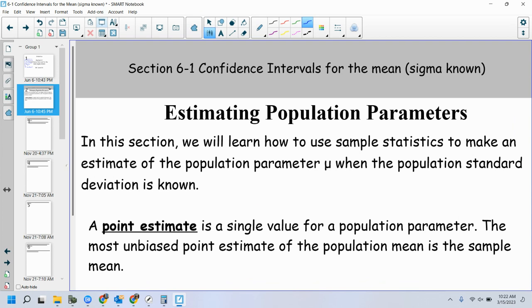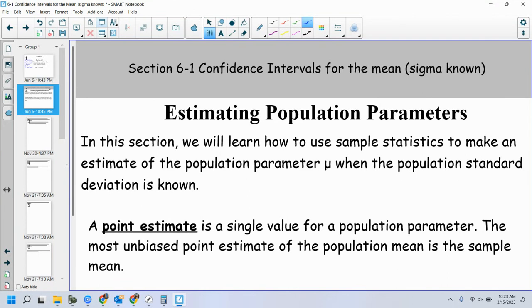In this section, we will learn how to use sample statistics to make an estimate for the population parameter mu when the population standard deviation is known. So this section deals with, okay, if I don't know the population mean, but I do know the population standard deviation, which is kind of really weird. Like, how would we know them? How would we want to make an estimate for the mean and we know the population standard deviation? That seems kind of weird.